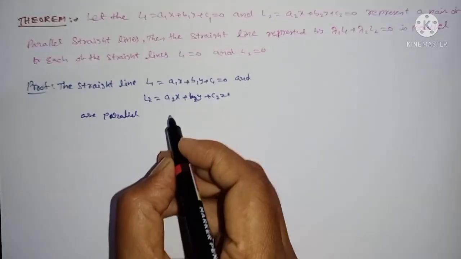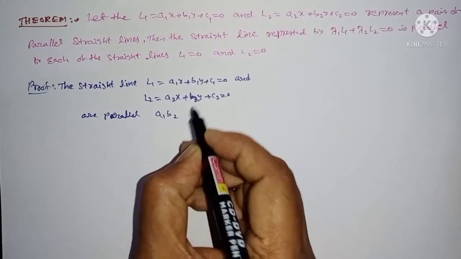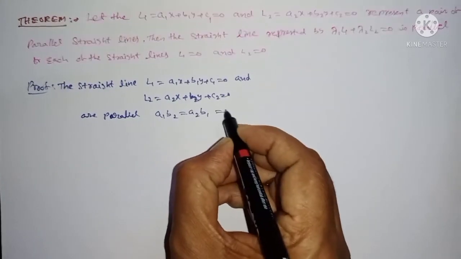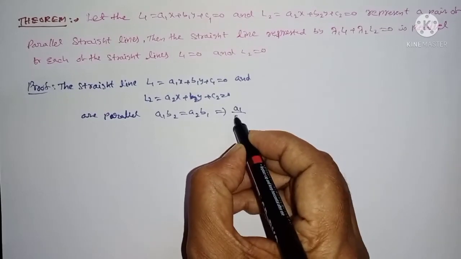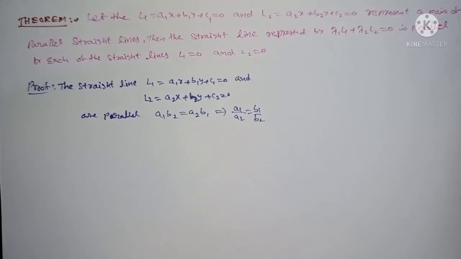Parallel means, the formula is, a1 b2 is equal to a2 b1, or that can be written as a1 by a2 is equal to b1 by b2. You have the formula for parallel.